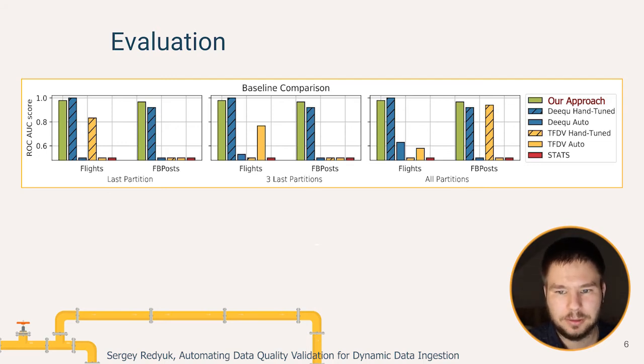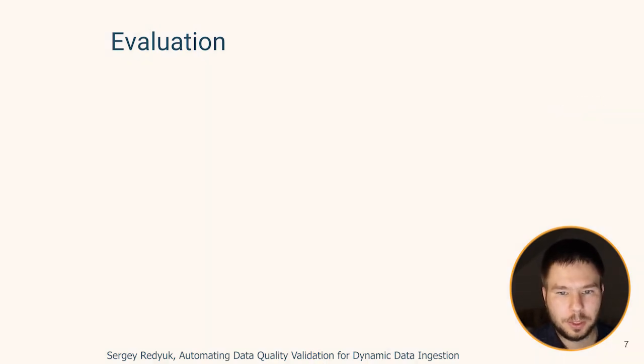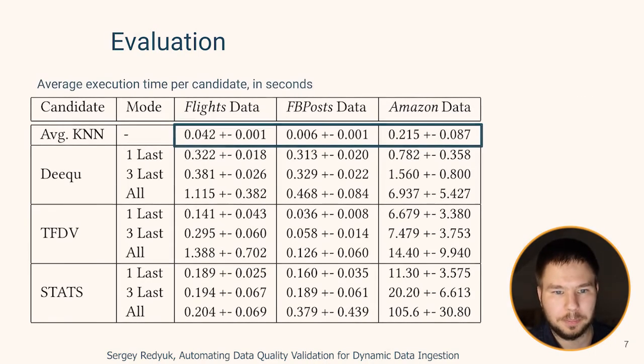The figure shows that our fully automated approach performs on the level of manually curated alternatives, DQ and TensorFlow data validation. We also measure average execution time that the candidates took to make a decision.